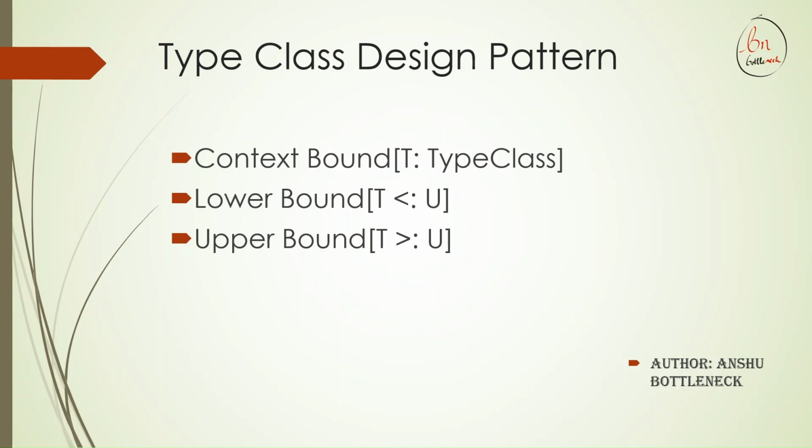The upper bound is useful when you need to restrict a type parameter to types that inherit from a certain trait or class, which can be combined with types where the type itself has an inheritance relationship. So it basically restricts the type parameter to be a subtype of a specified type. With the lower bound it is clearly visible: this is subtyping and this is supertyping. We will see them in examples once we implement.